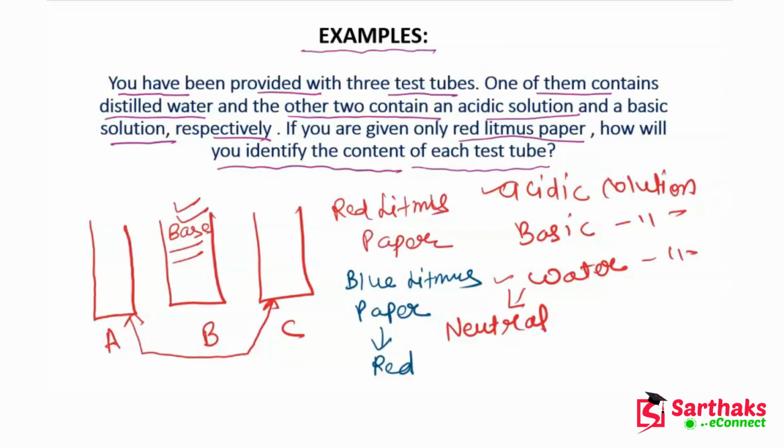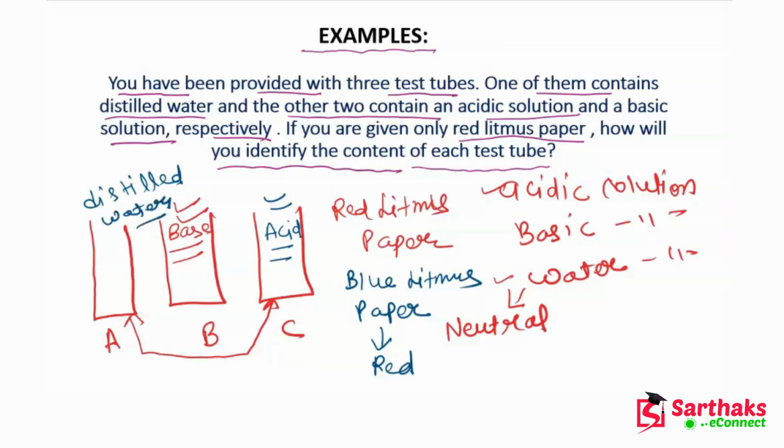Because after dipping it into C the blue litmus paper changes into red, acid is present in this test tube. And the last one has distilled water because it didn't show any color change.